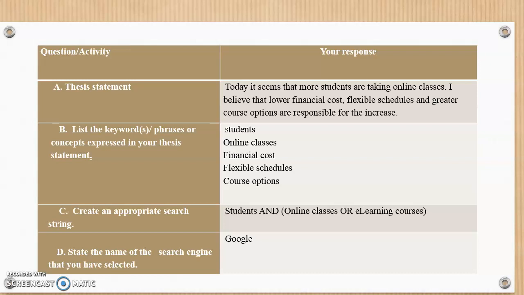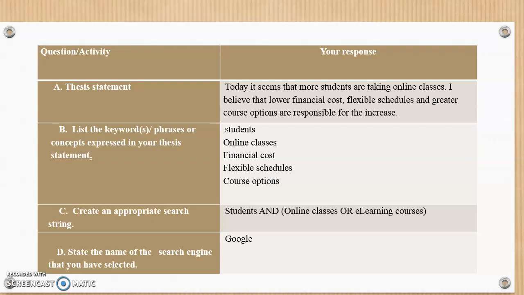B. I have to list keywords and phrases expressed in my thesis statement. So, I take words like students, online classes, financial cost, flexible schedules, course options. I then go to C and create an appropriate search string.